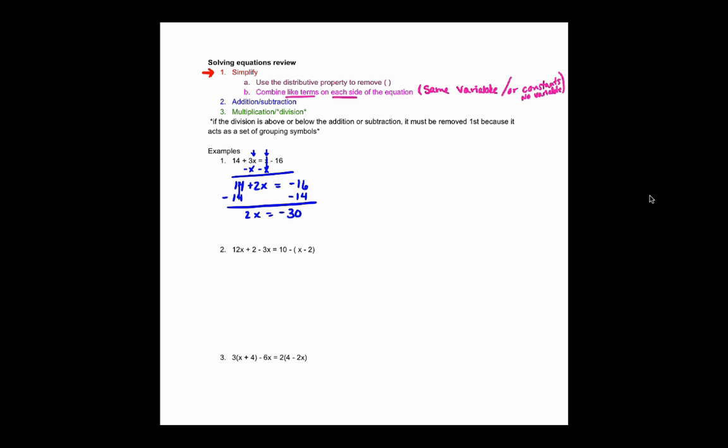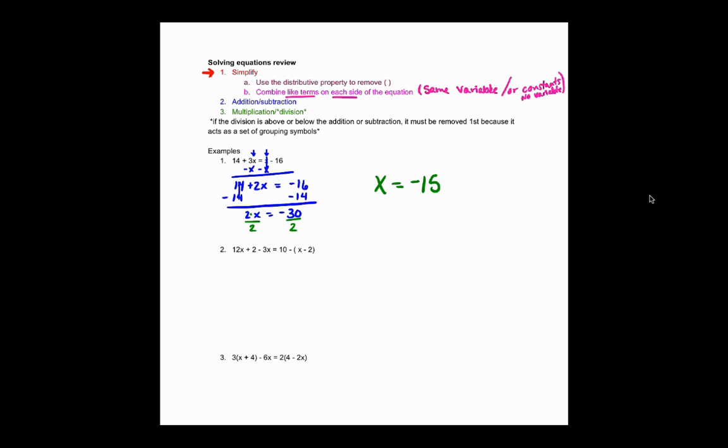We go to our next step in the process, which is our multiplication and division. We have multiplication by 2, so we're going to remove it by dividing by 2. You're always using the number attached to the x, and when we get finished with this, our x is going to equal negative 15. If you check and put the negative 15 back into the problem, the left and right should give you the same answer.